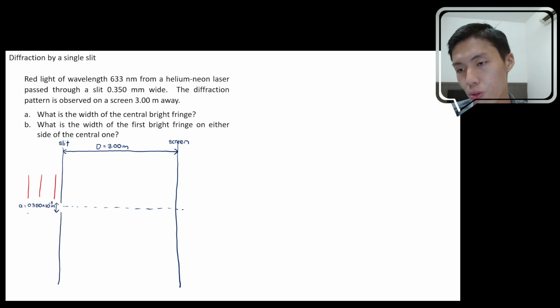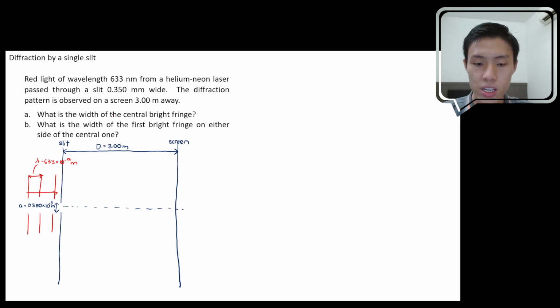I'm not going to overlap with the text over here, but this is the light that is shining onto the single slit. And its wavelength, lambda, is equal to 633 times 10 to the power of negative 9 meter. So this is the situation.